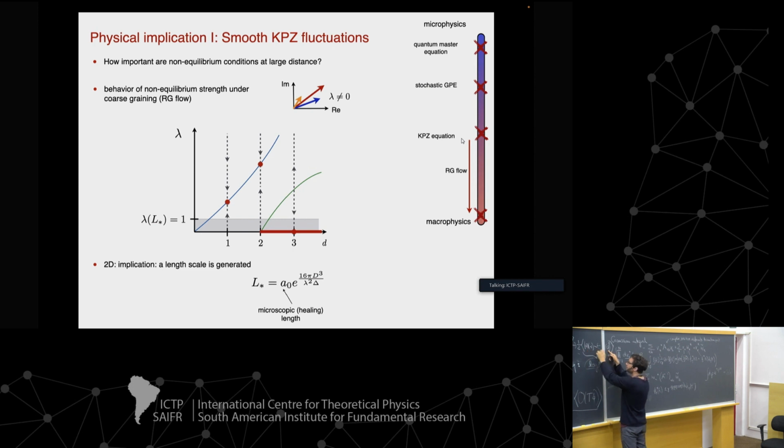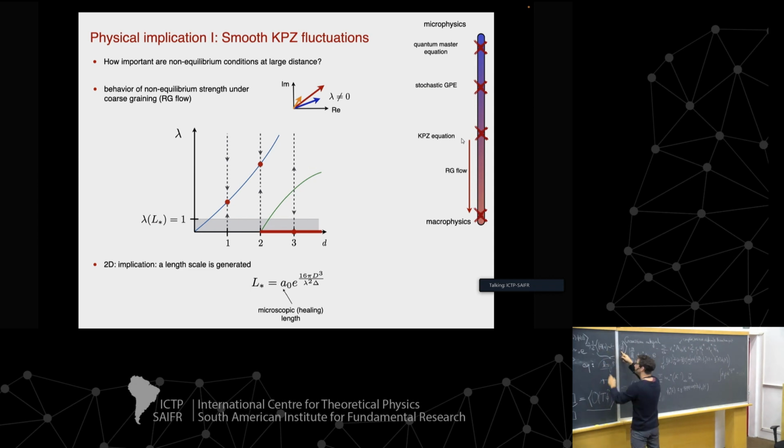What are the field dimensions of these operators? You find that those behave like r to the 2 chi, where chi is the scaling dimension of this field variable. So you can see a very different qualitative behavior. At equilibrium, there's a log growth of this correlator.